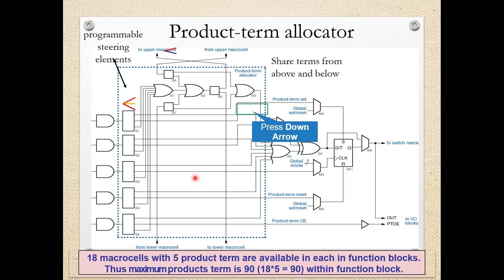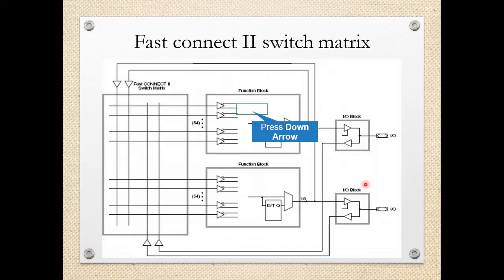We can see the details of this matrix, that is the fast connect switch matrix. This is the matrix through which we can have the interconnection between the different function blocks. So this is one function block, second function block. To each function block, 54 inputs are coming.